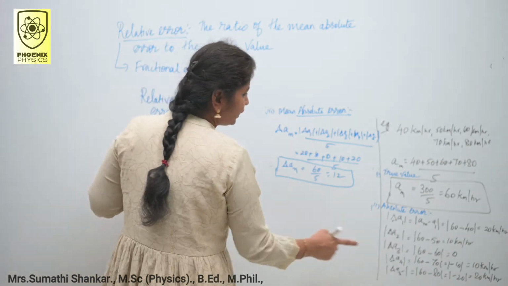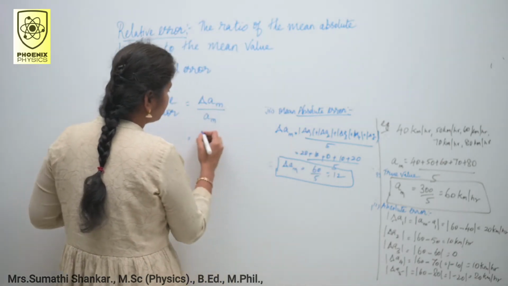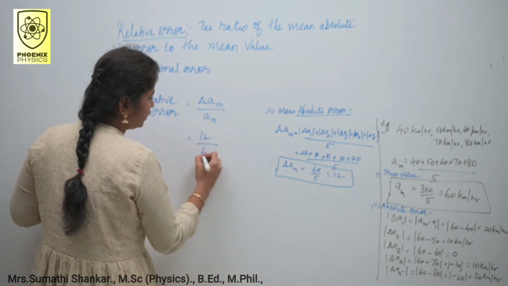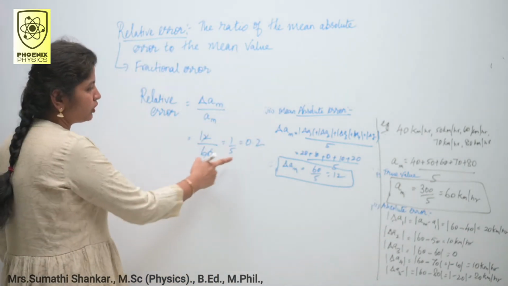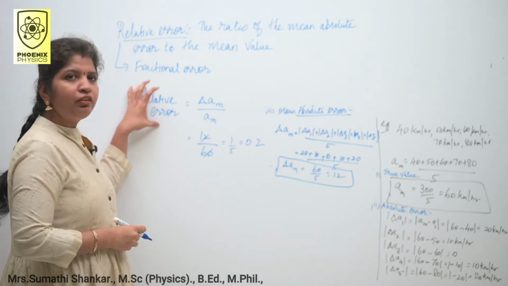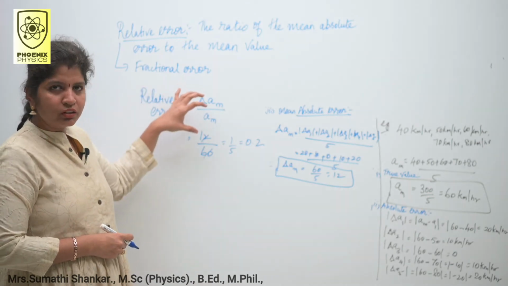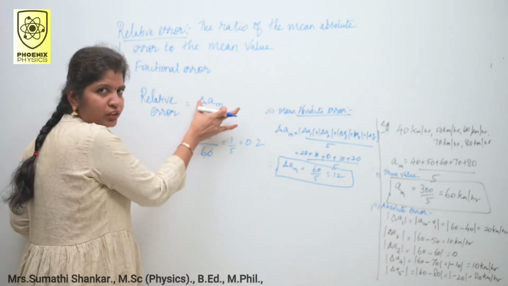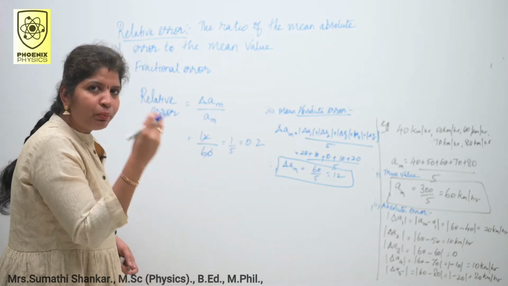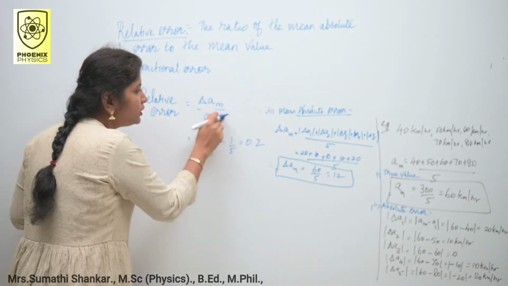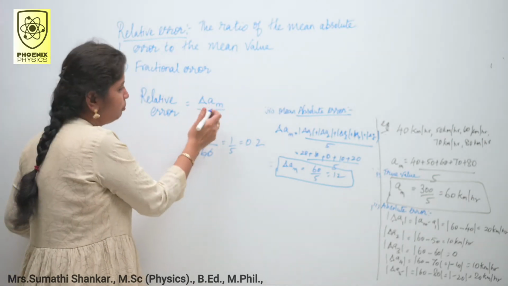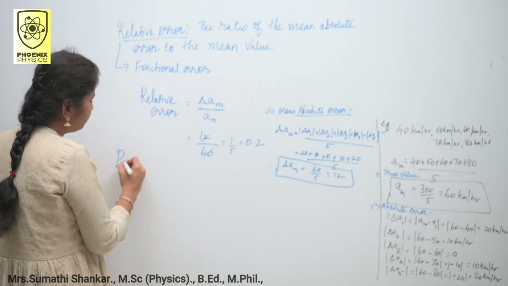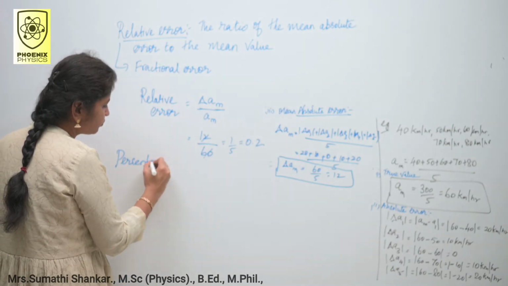Here what is our delta AM? Delta AM is 12. What is our AM? AM is 60. So 0.2 is our answer. Relative error expresses how large the absolute error is compared to the total size of the object measured. Up to this clear?